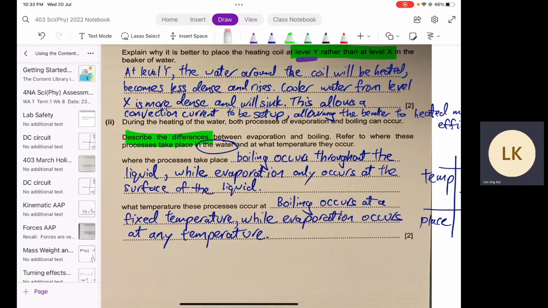Since they specify in the water, we should be more specific. So let's edit our answer a little bit. Boiling occurs throughout the water, while evaporation only occurs at the surface of the water.